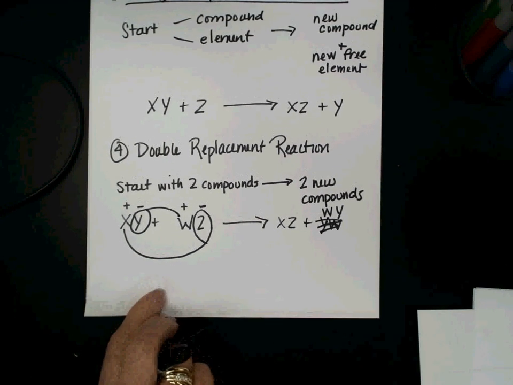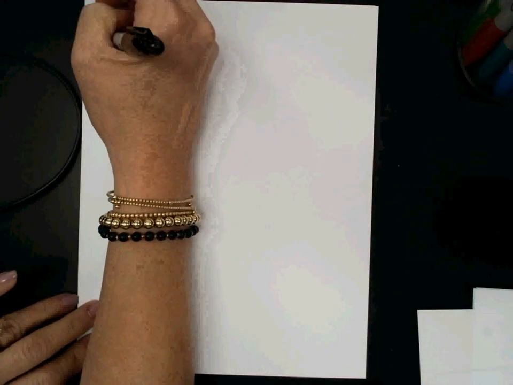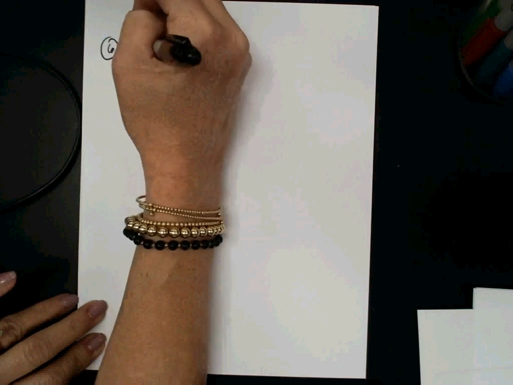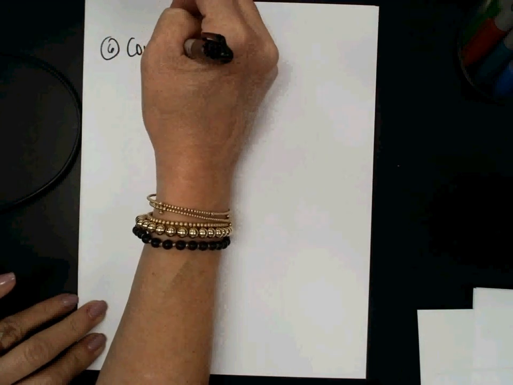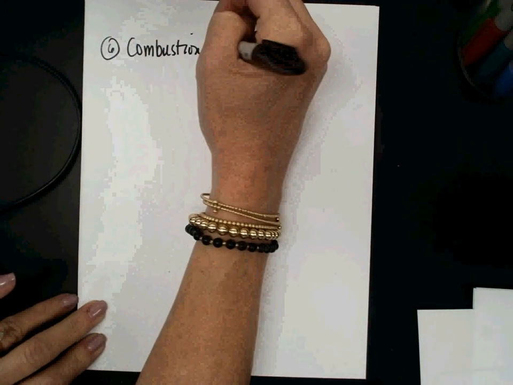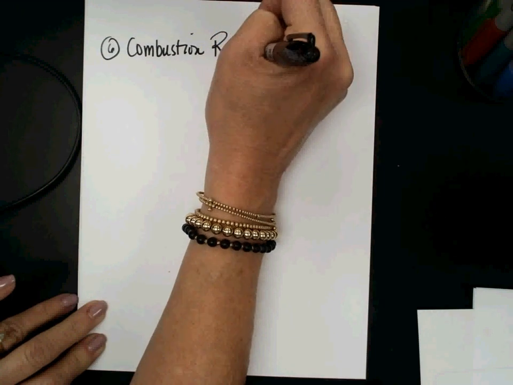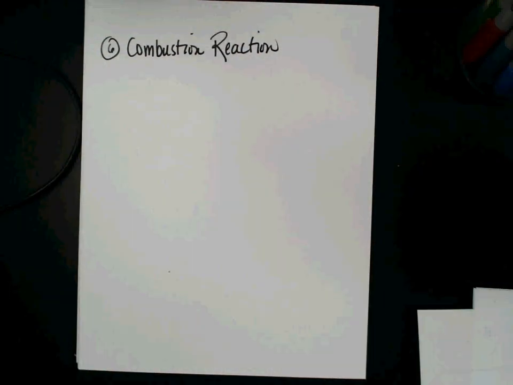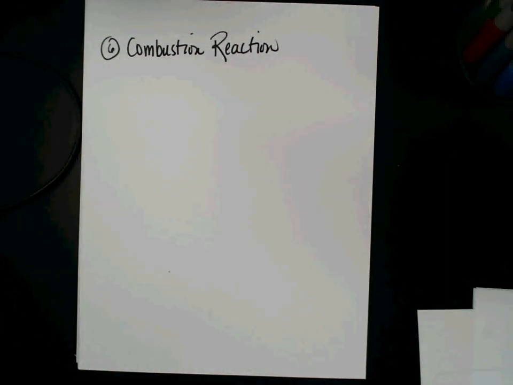Okay? And the last one, these are the most fun. It's called a combustion reaction. Combustion reaction, these are the reactions where, like, you had a couple of them on that paper the other day, or yesterday.